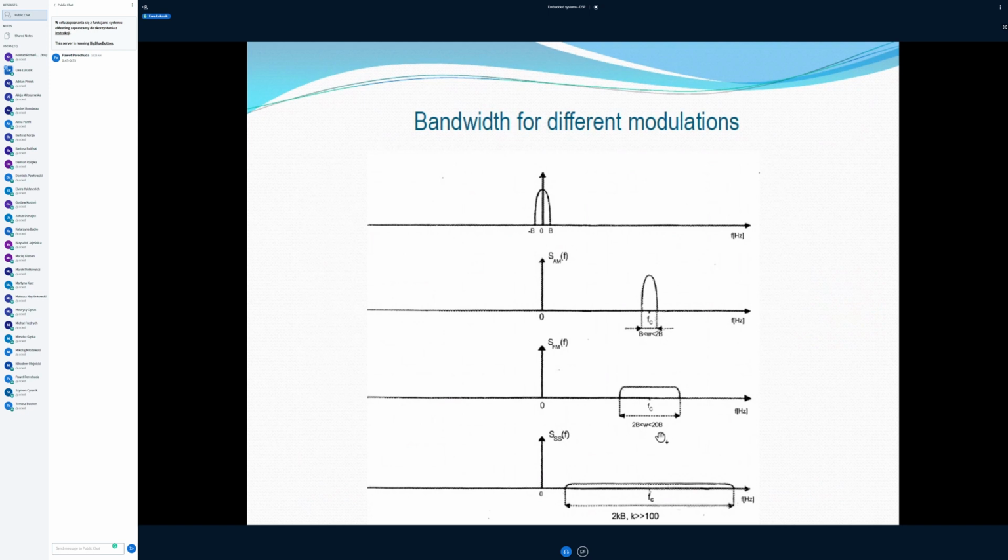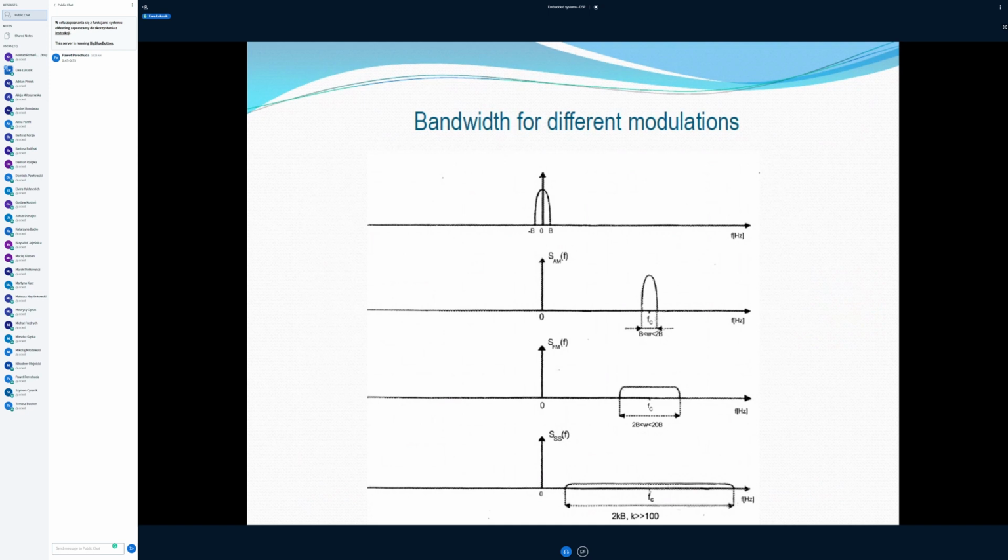If our modulation index is equal to 20, we would have the band occupied by the modulated signal equal to 20b.